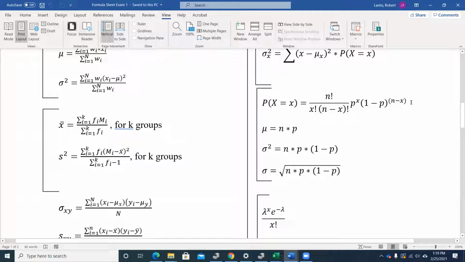Put in what this is: the binomial probability mass function, here's my covariance, and here is my weighted variance. It just makes it a little bit easier to navigate. And then if I see a keyword like weighted mean or weighted variance, you can connect to the formulas a little bit easier if you have those words next to them.